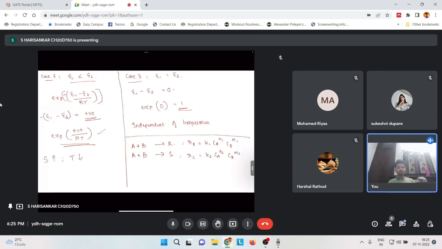So if we want to find the selectivity of, let's say, Sr, it will be Rr by Rs, and that will be K1 Ca raised to N1 Cb raised to M1 by K2 Ca raised to N2 Cb raised to M2. Sorry, one second.